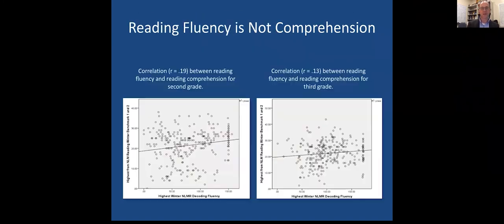This is a study that we just did this year. We found that when children, these are second grade and third grade students, are asked to read a passage that is replete with academic language, more in line with what they are expected to read and understand in the schools, the relationship between reading fluency, which is down here on the x-axis, and comprehension breaks apart.